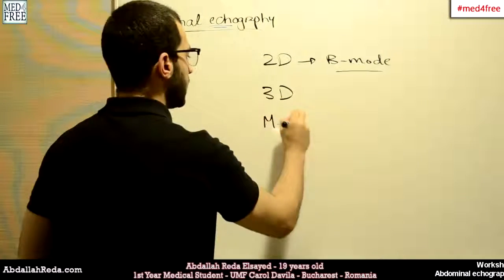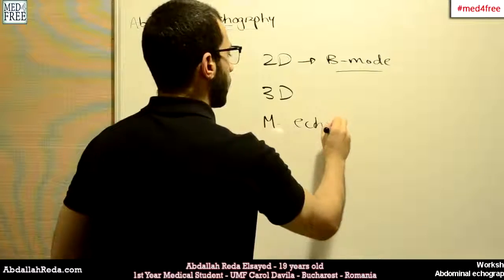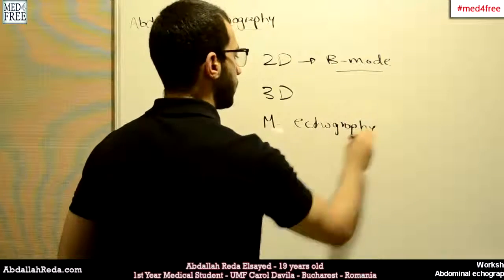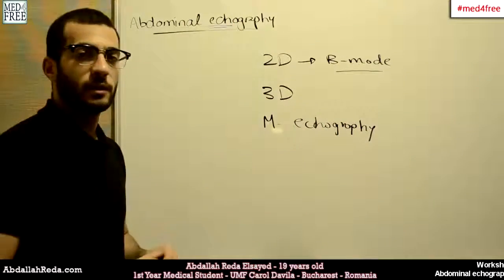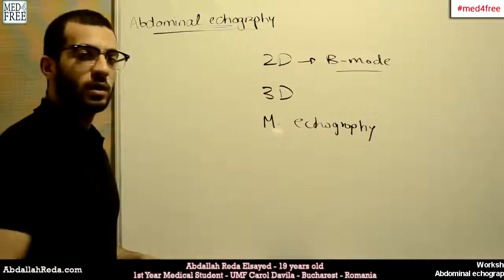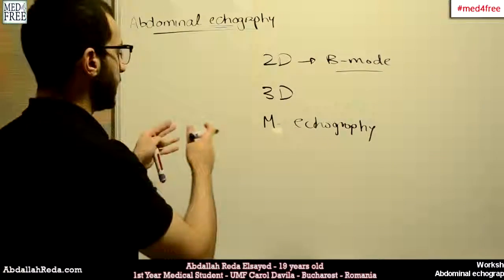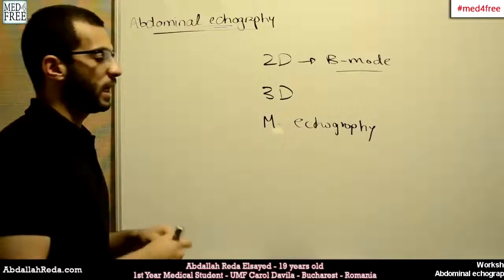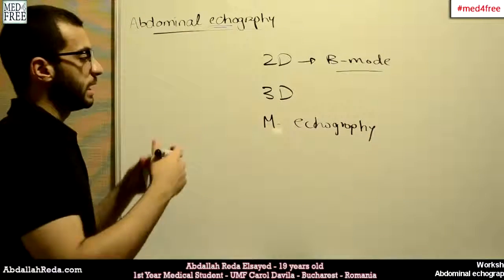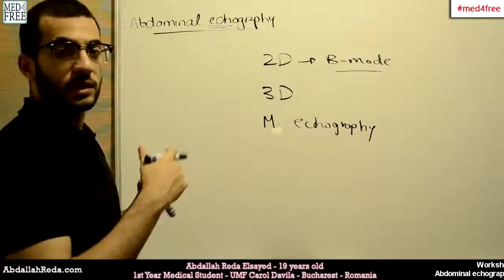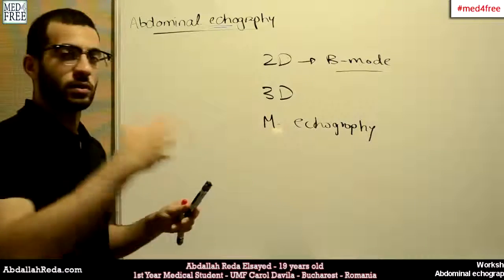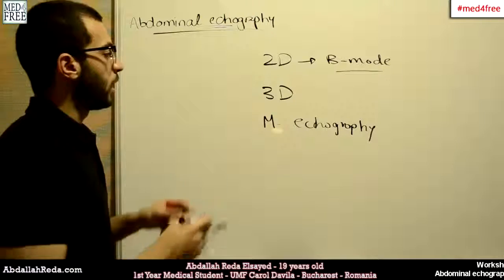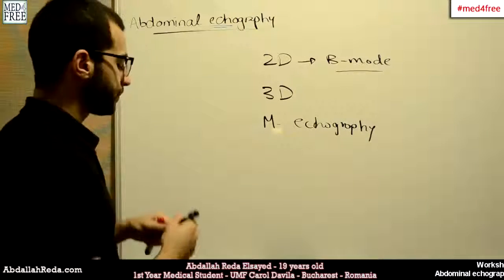We have M echography or motion echography that actually helps us to understand the motion of the organs inside the body. So it takes certain pictures of the same organ at different times, and it sees the difference in distances, for example the movement of ventricles or atria and so on, so it detects the motion.